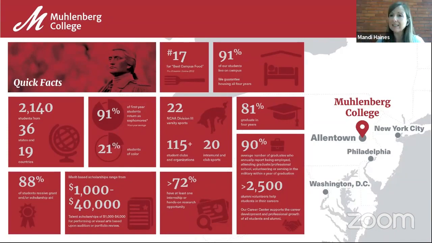So all of our students live on campus for all 4 years, and it's a full learning and living experience. So you come there to study and to prepare yourself for a successful career, but you also come there to have a full experience and to get involved in different activities, in different organizations and clubs that interest you.